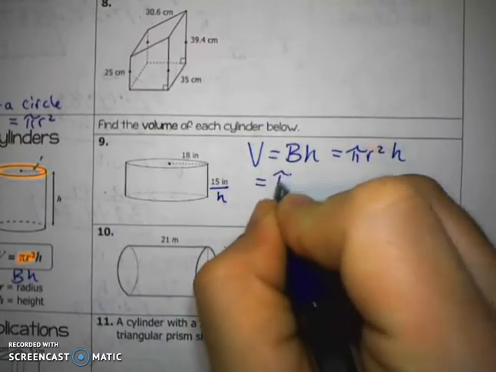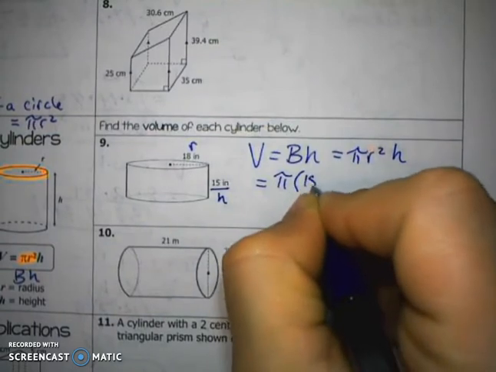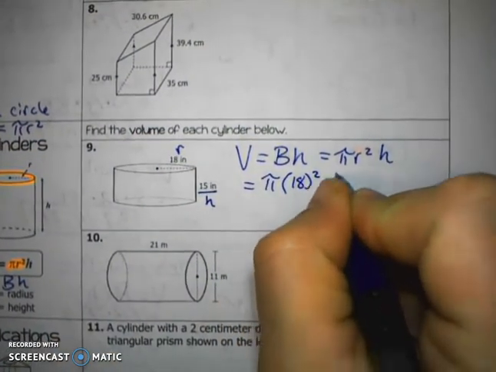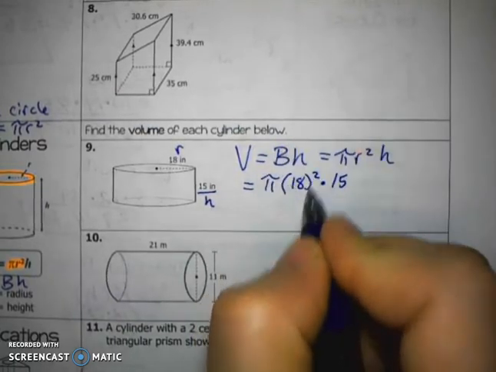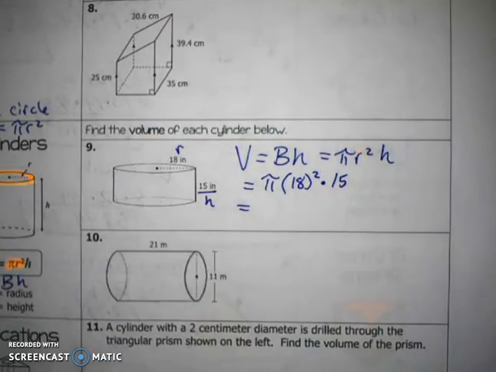So we're going to do pi times the radius of 18 squared times the height of 15. Remember to do exponents before multiplying. And we're actually going to do all of this before multiplying by pi.